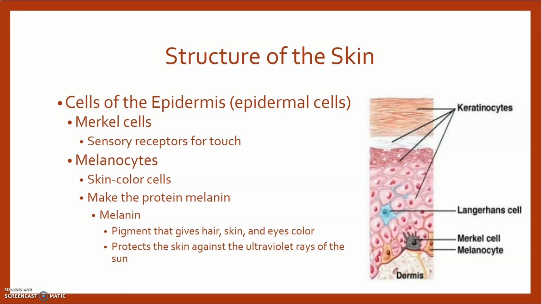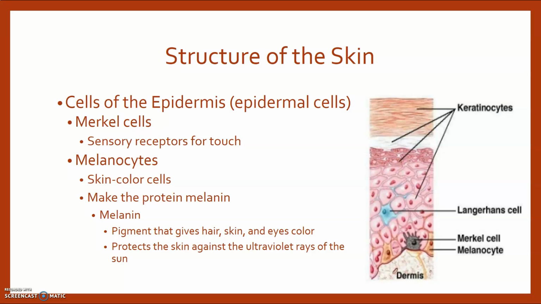And then we have melanocytes. And melanocytes are important because they are the skin color cells. They are what make protein, which is called melanin. And melanin is a pigment that gives hair, skin, and your eyes the color they have.